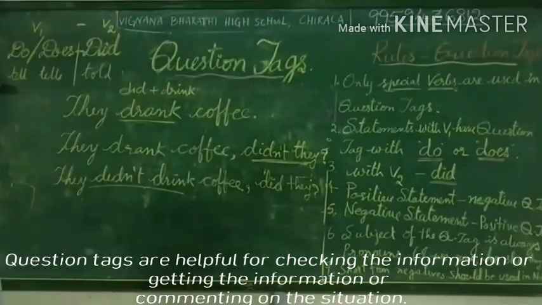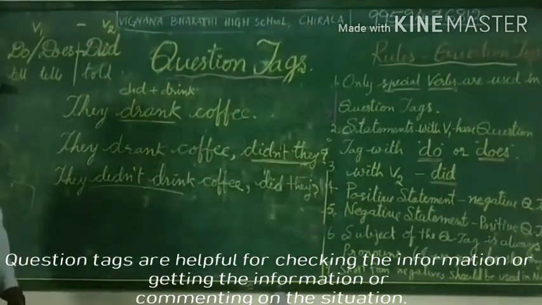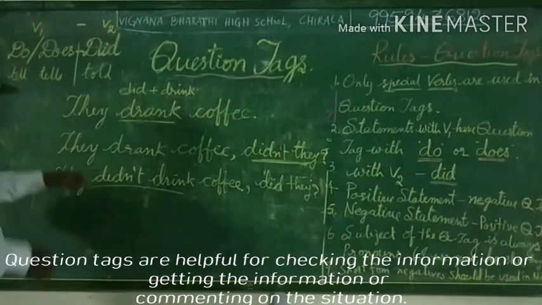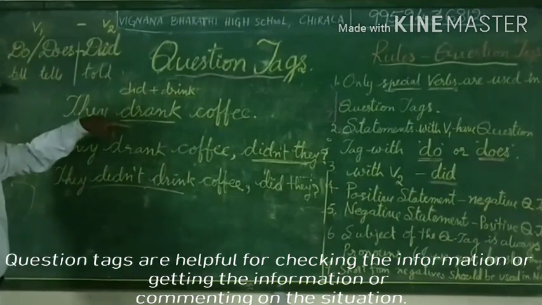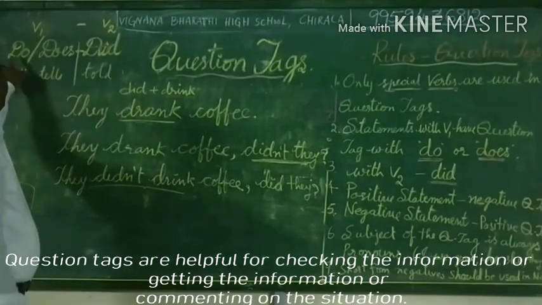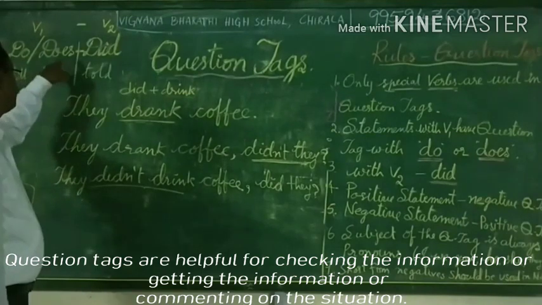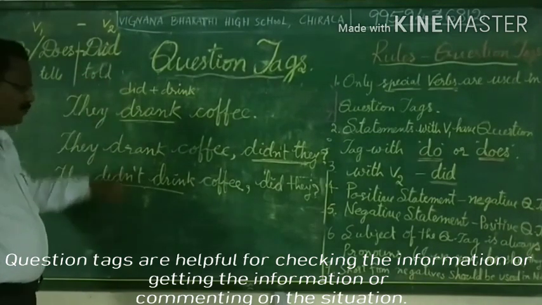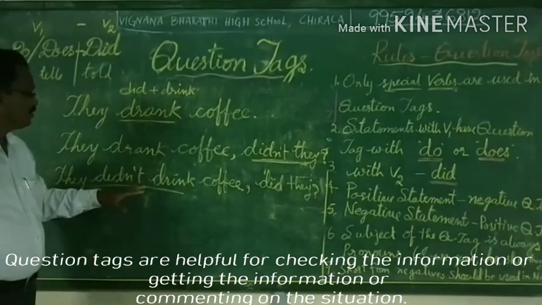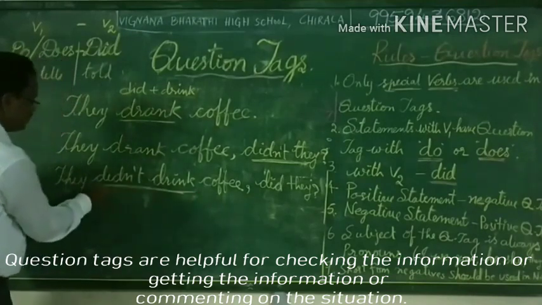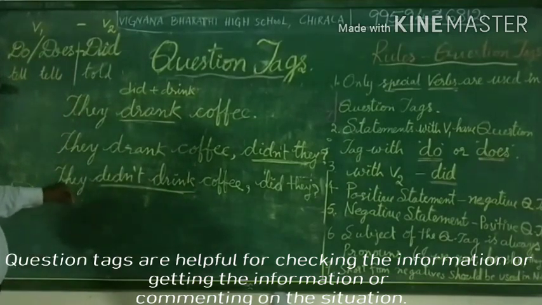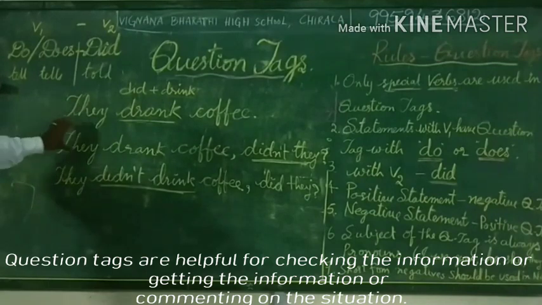Children, here we did all types of verbs with the special verb in the first session, and then do forms, does forms and did forms. Here we practiced every type of sentence with the main verbs and special verbs, positive statements and negative statements.